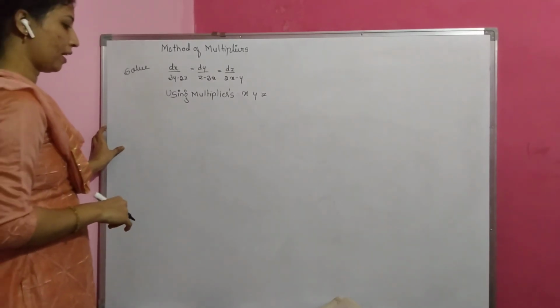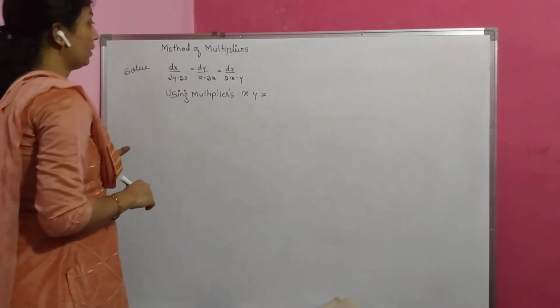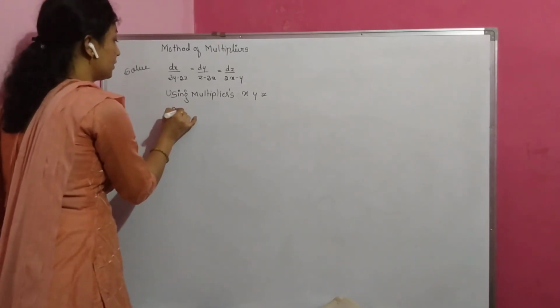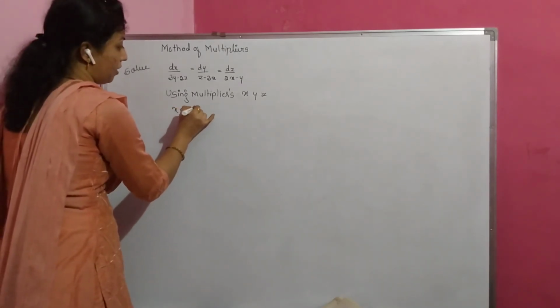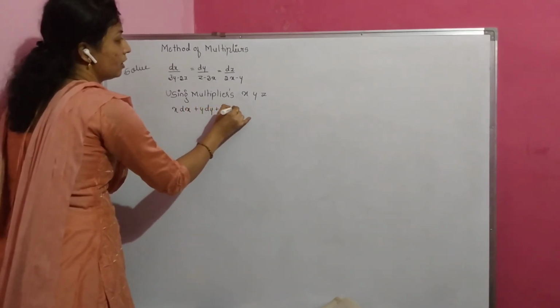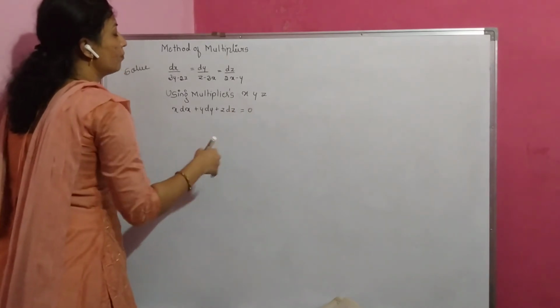Using multipliers x, y and z, we get x dx plus y dy plus z dz is equal to 0.